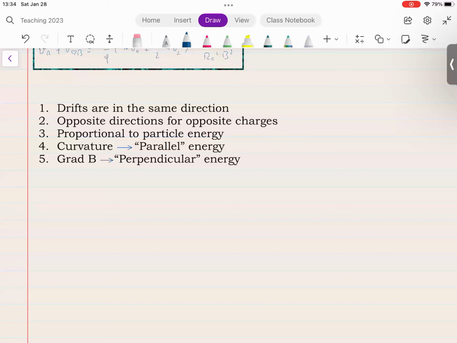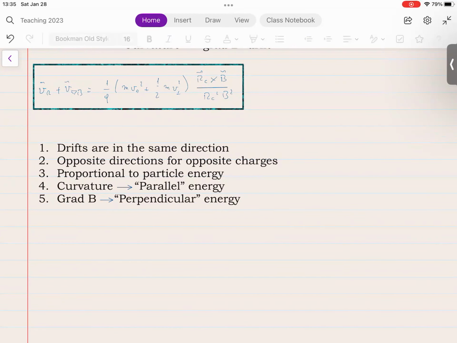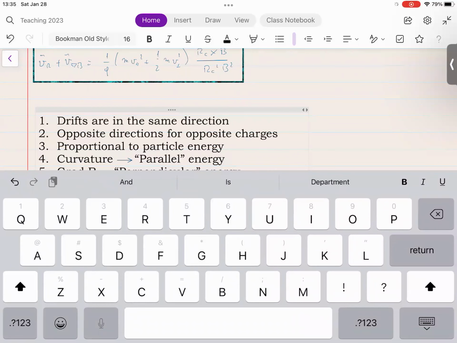But as we all know, and as we're not going to forget, energy is a scalar, so there is no such thing as a parallel component or a perpendicular component. What I mean is the energy that you obtain from squaring the parallel or perpendicular velocity. And if you actually look at this expression, you'll notice that this is actually multiplied by 2.